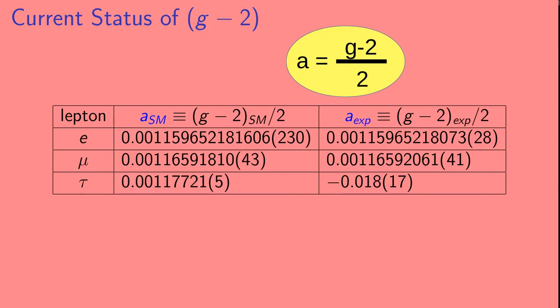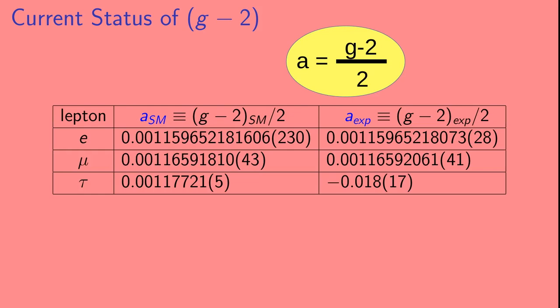Okay, so here we give the current status of g-2 for the electron, the muon, and the tau. In the left-hand column of numbers, we have the Standard Model prediction, and in the right-hand column, we have the experimentally measured number. Usually these numbers are quoted as the quantity called A, which is just g-2 divided by 2.